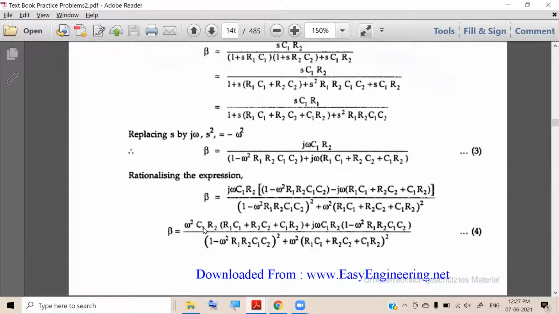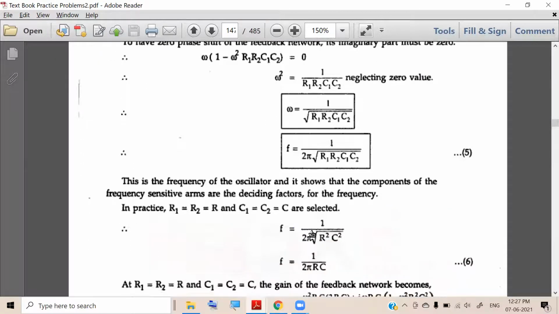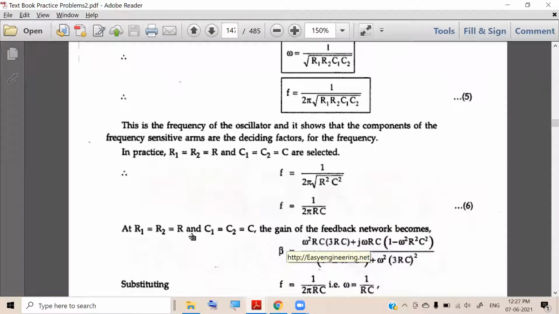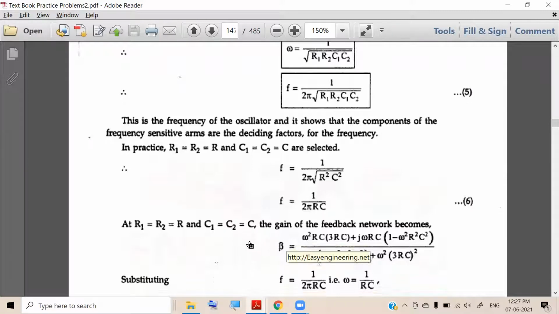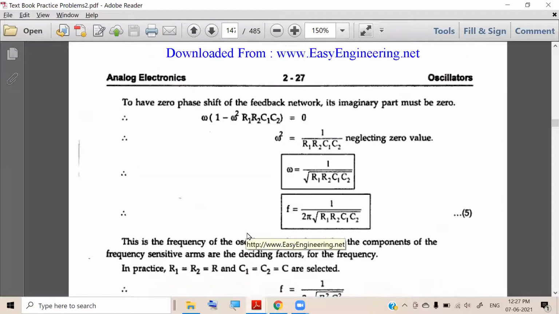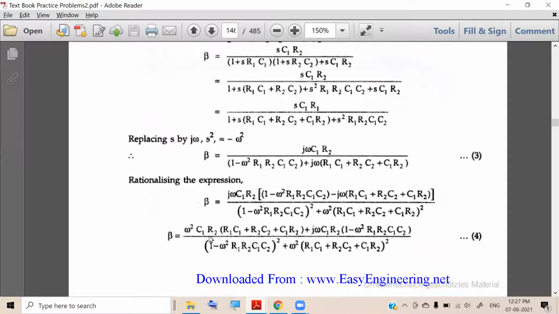For example, C1 you replace by C, R2 you replace by R, means simply remove the subscripts 1, 2. Replacing R1 with R, R2 with R, C1 with C, and C2 with C. Very easy.